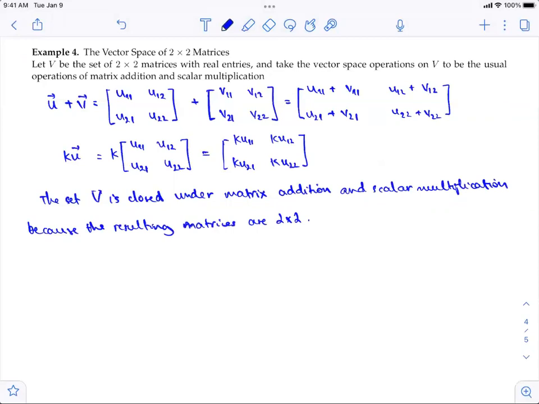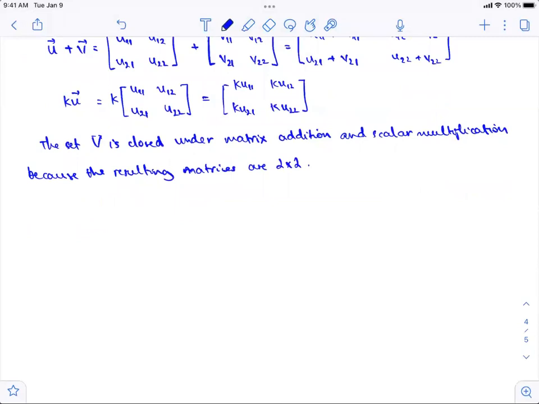Because this is a little bit different from the vectors we have worked with so far, let's check a few properties or axioms of the vector space. It's going to be very straightforward and simple to do the calculations. Let me check property number 2, or axiom 2, which is the commutative property of addition.